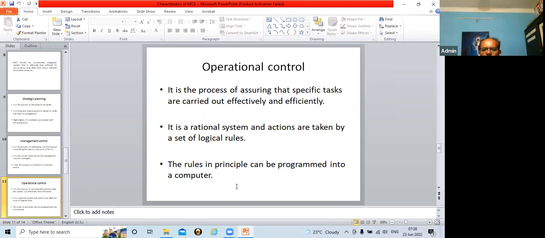So we can feed those principles and steps into a computer and we expect the result, the desired product.